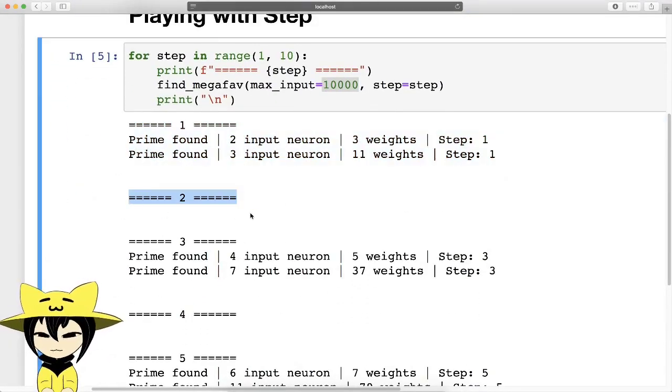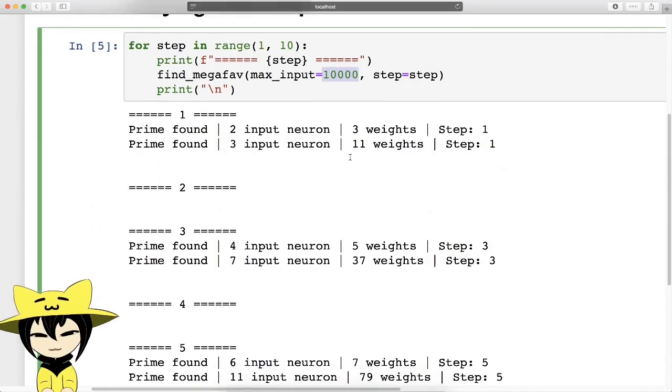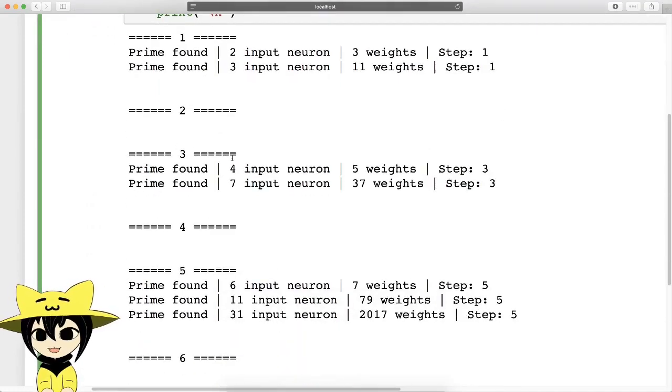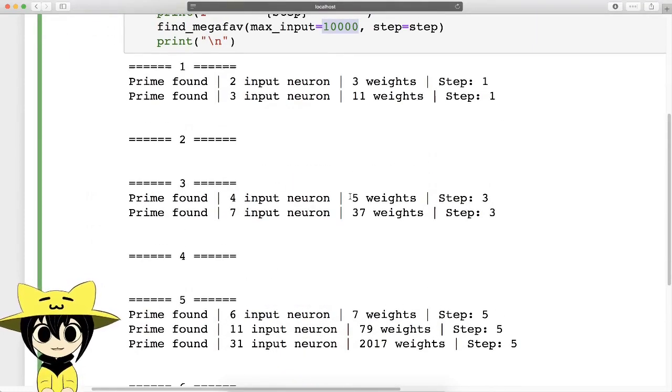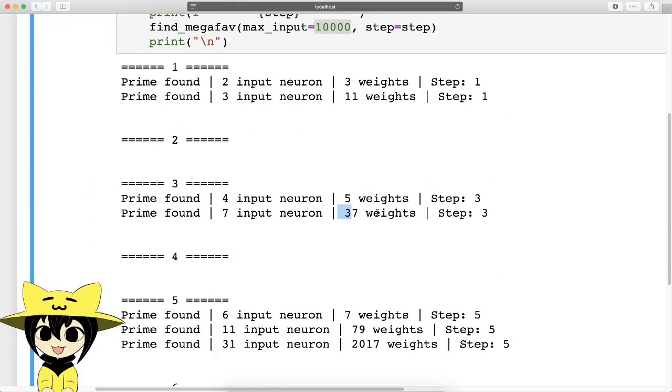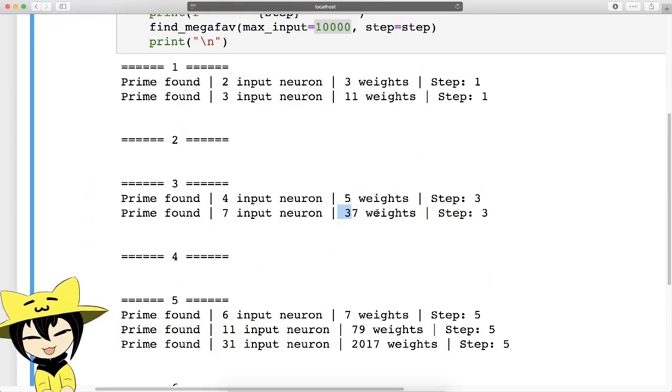Turns out that no, we couldn't find any prime number even if we reached 10,000 inputs. How about 3? Interestingly, we find other prime numbers, 5 and 37. And it looks promising because it's getting bigger. So maybe at one point we can have a prime number that is larger than 1 million.